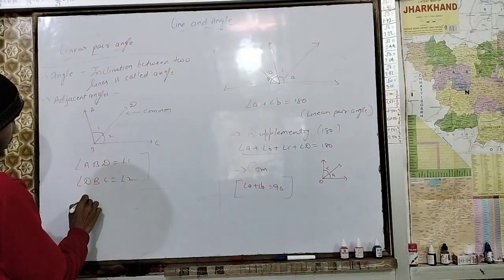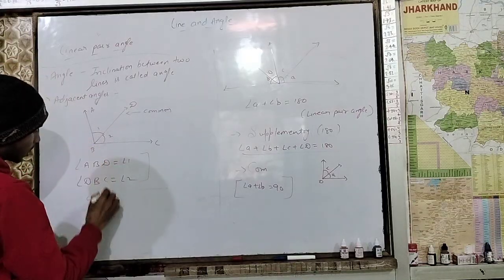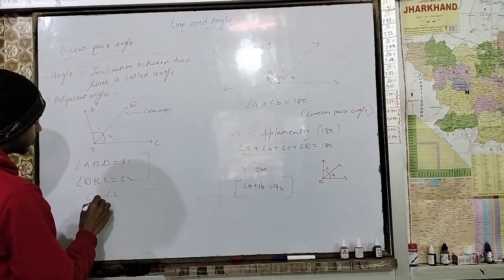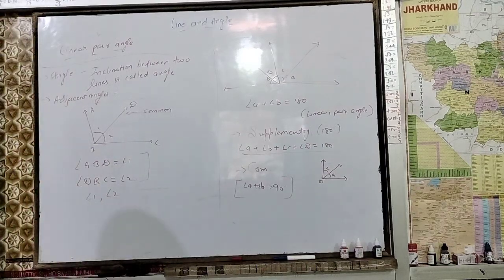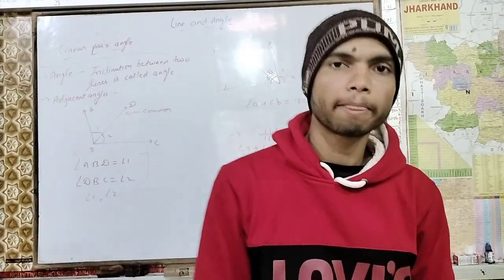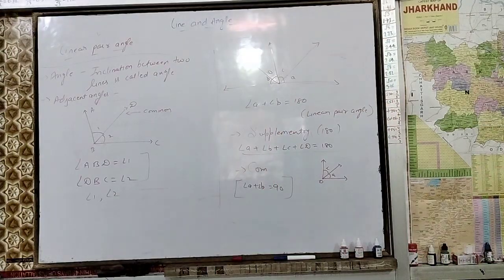This angle 1 is an adjacent angle. The angle 2 is an adjacent angle. It means there would be a common line. We will see more examples of adjacent angles when questions come.